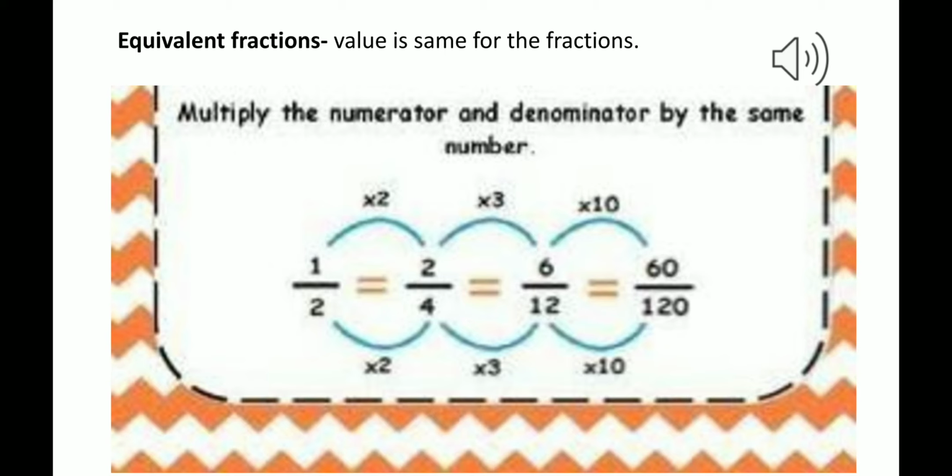Now when you take 1 by 2, 2 by 4, 6 by 12, 60 by 120, these are all equivalent fractions because the value of all is 1 by 2 only, no matter what. When they are cancelled, they will come back to the original form, that is 1 by 2. So when any fraction is multiplied in the numerator and denominator by the same common number, it changes to its equivalent fraction. Okay, so we move to the next one.